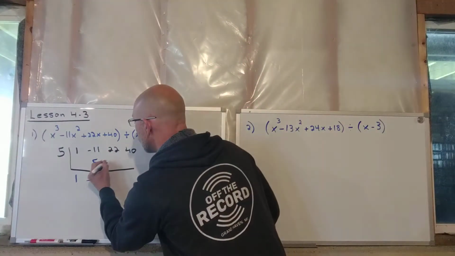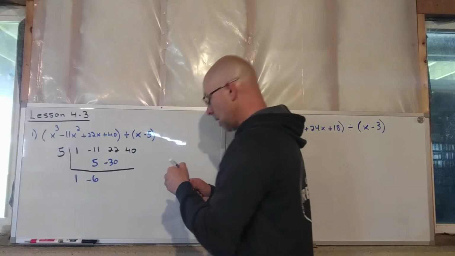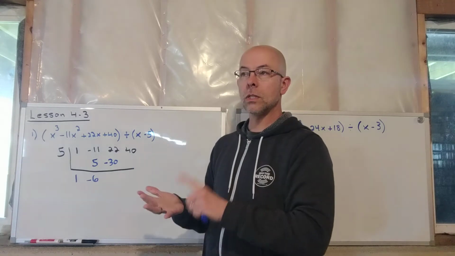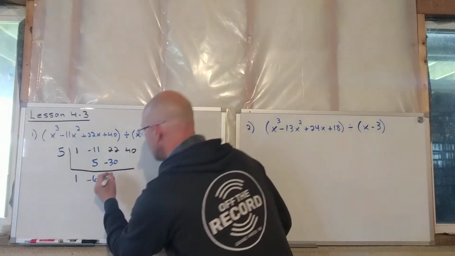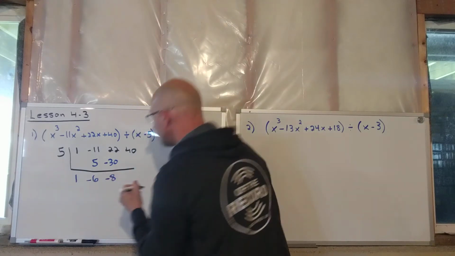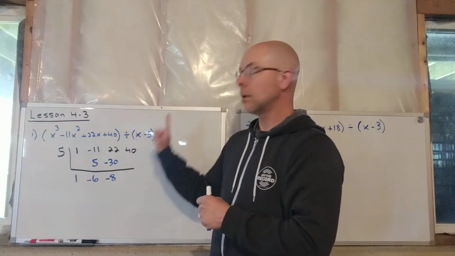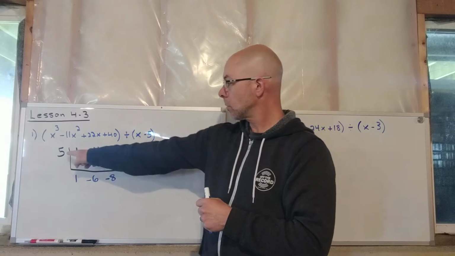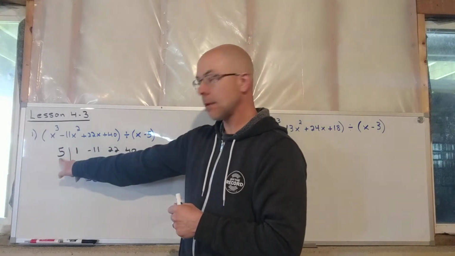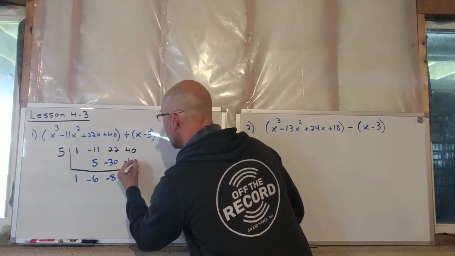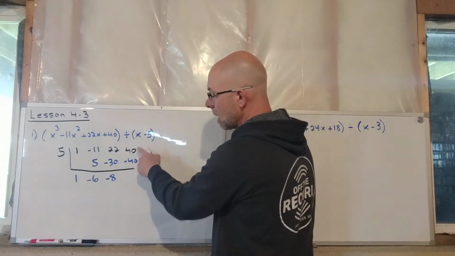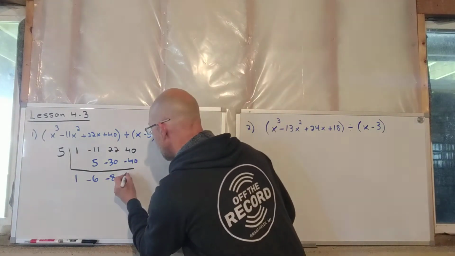Move it up and over, and add those 2. 22 plus negative 30 is negative 8. As soon as the number is down, multiply. Negative 8 times 5 is negative 40. Add those two. 40 plus negative 40 is 0.